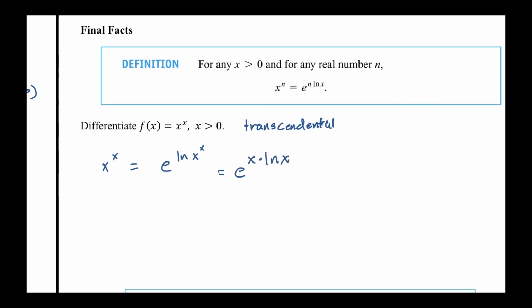So this top right here, this quantity is just a product rule. But now we can take the derivative of this. So if we were to take the derivative of e to the x times ln of x, we would have, well, derivative of the outer is e to the x times ln of x, just e to the x, so that comes along, times the derivative of the inner function.